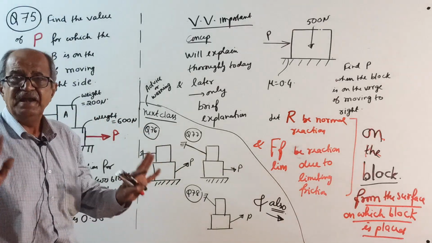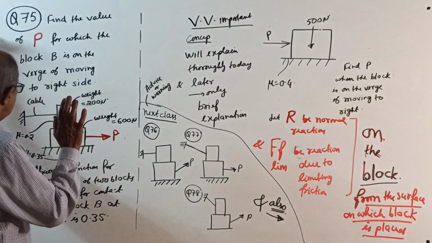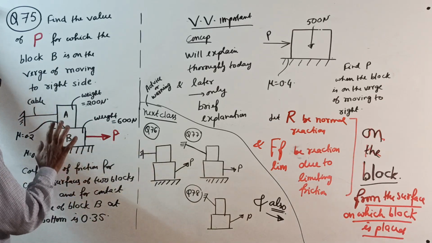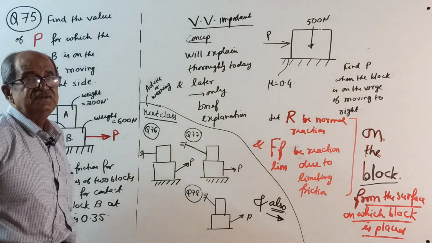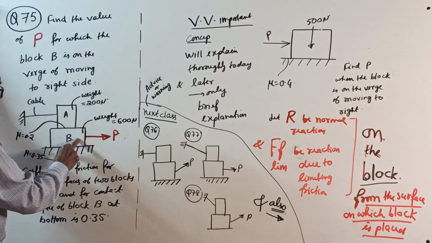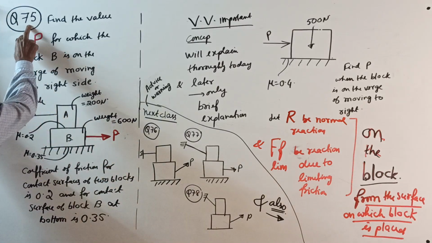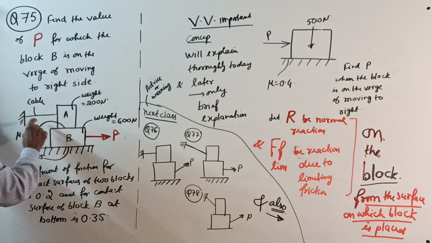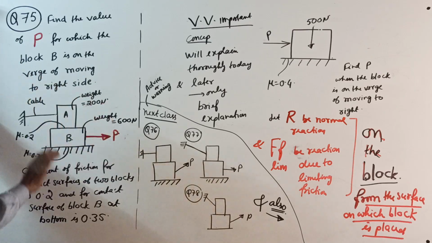That I will explain later. For block A, some connection is there; it is connected by a cable. Now, for the first time in the class, you are seeing a question where one block is resting over another block. This is question number 75. Here the cable is horizontal, and the force also is horizontal.